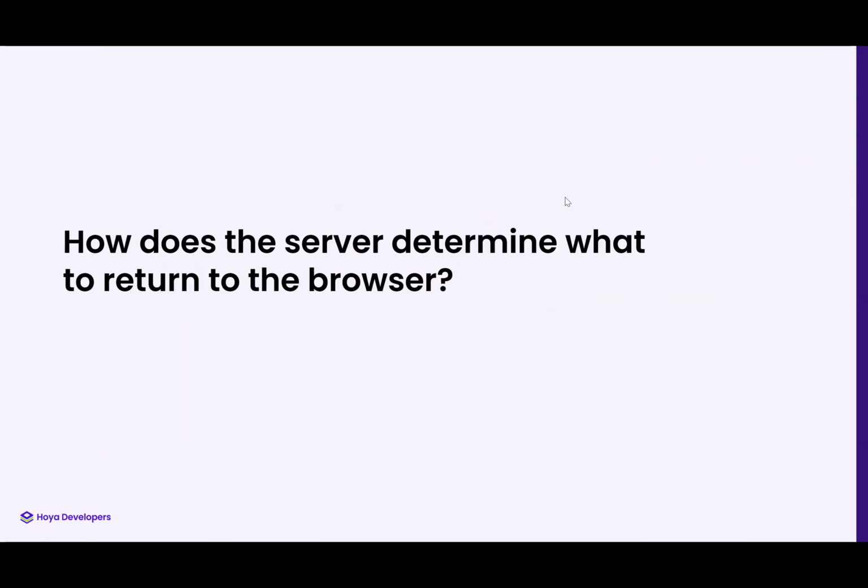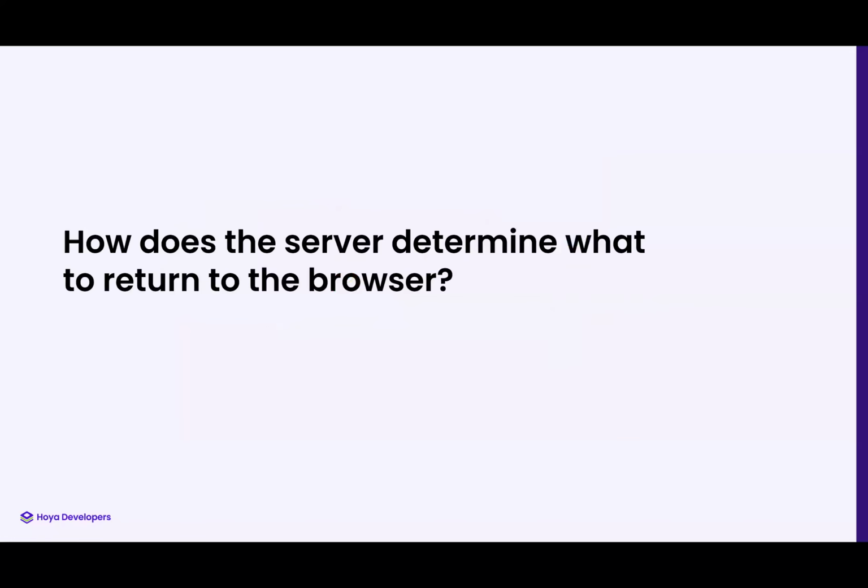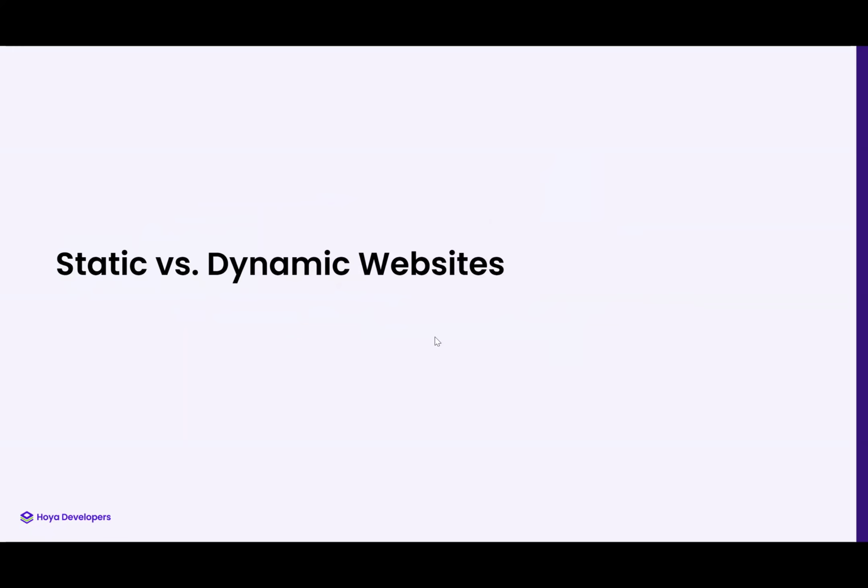So let's go a little deeper. We have a few minutes. This would be great, but if you're in the government and you want to see something kind of classified, should a government website return the same website files to everybody all the time? Probably not. So sometimes the server has to figure out who's asking for files. This is where we make the distinction of a static versus a dynamic website.